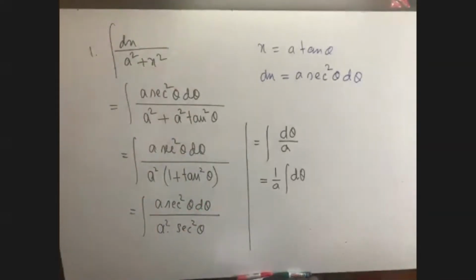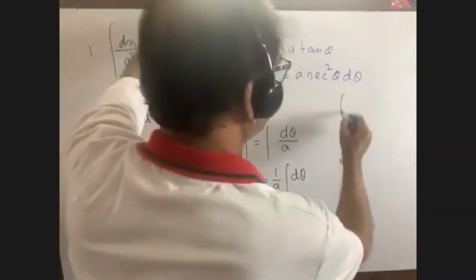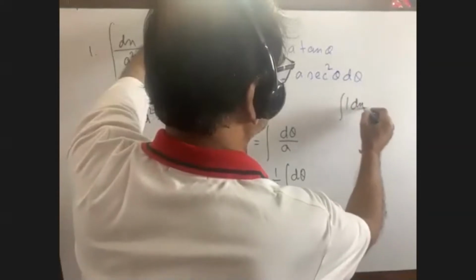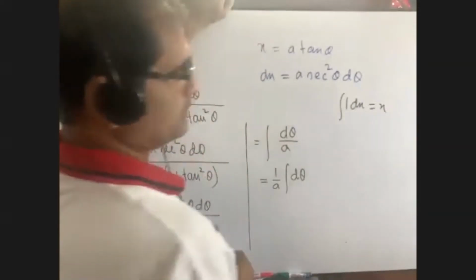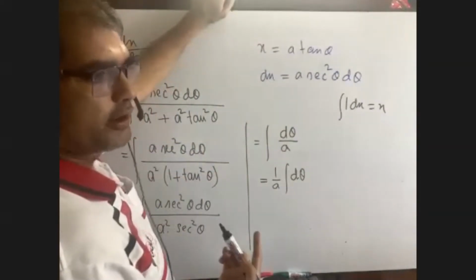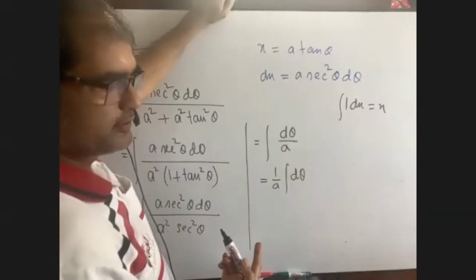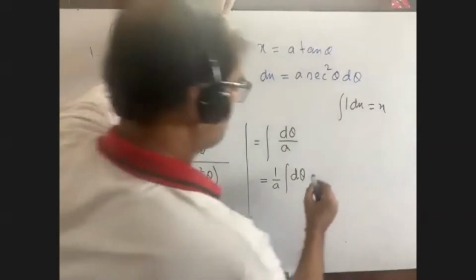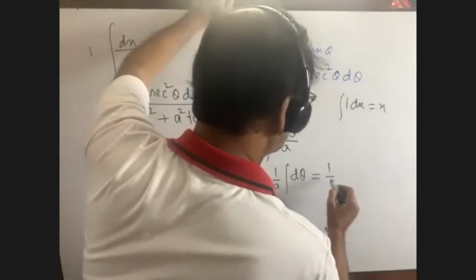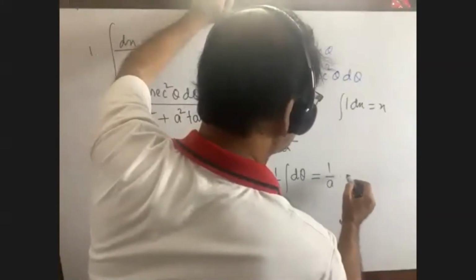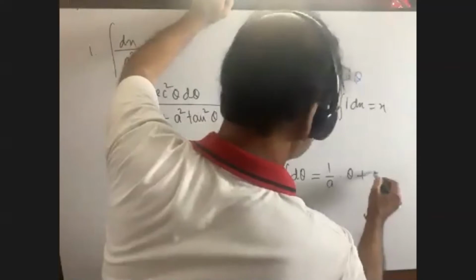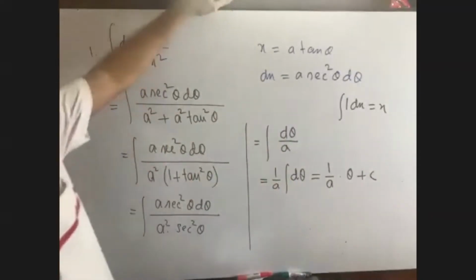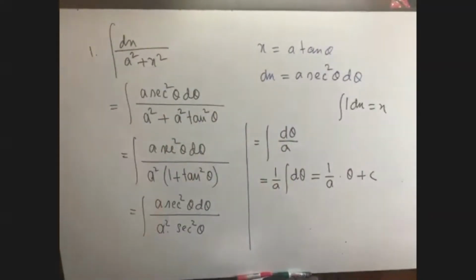D theta means 1 d theta. What is the integration of 1? What is the integration of 1 dx? Let me know. It is x, sir. Yes. So we can write 1 by a theta plus c, right? Now, what is the value of theta?